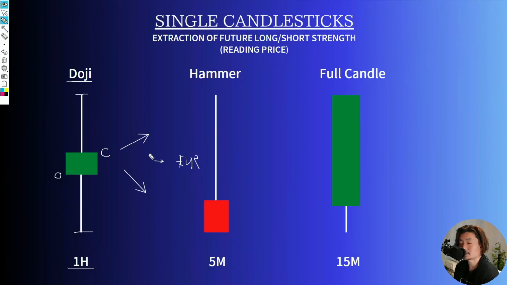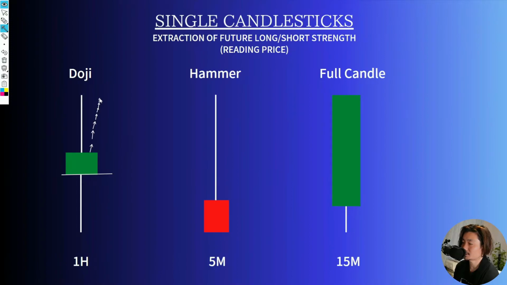Okay, so let's go ahead and decipher what happened on this doji. After price opened at this level right here, at some point within 1 hour, the buyers were able to push price all the way up to these highs right here. However, at this price level, the buyers were overwhelmed by the sellers and price was pushed all the way back down toward this close. And then moreover, within that 1 hour, the opposite was also true.